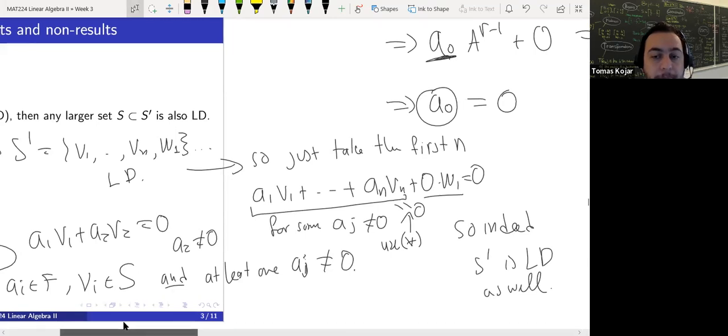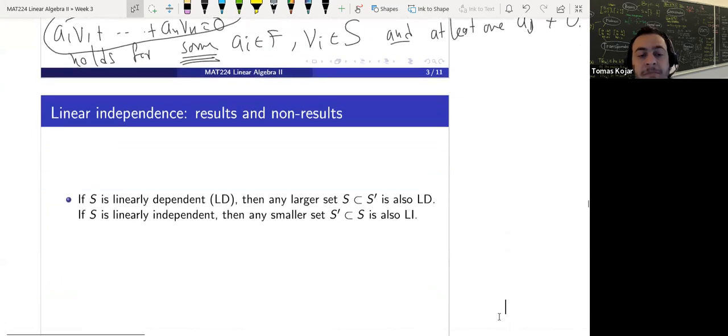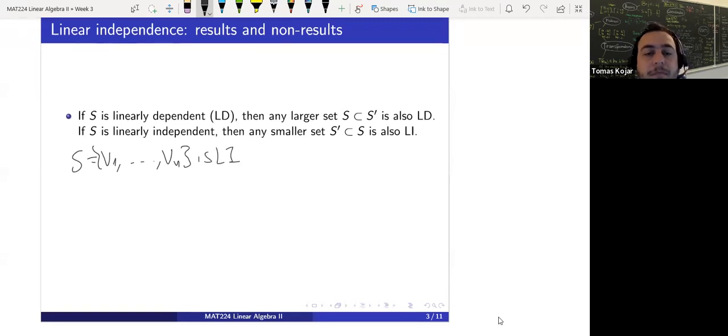All right. Let's do another one. Now you have the other situation. You know that S, V1 to Vn, is LI. Show that if you take a subset S prime, like V1 to Vm for m less than n, it is also LI.